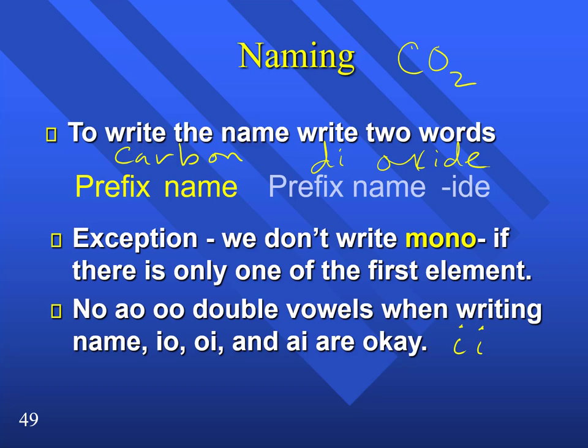Makes it pretty easy to figure out what the formula is. I taught you this one because you are not allowed to use prefixes on ionic compounds. That's where the mistake comes: now that I taught you these prefixes, you're going to want to use them everywhere. But if it's ionic, it doesn't get a prefix. If it's got a prefix, it's not ionic.